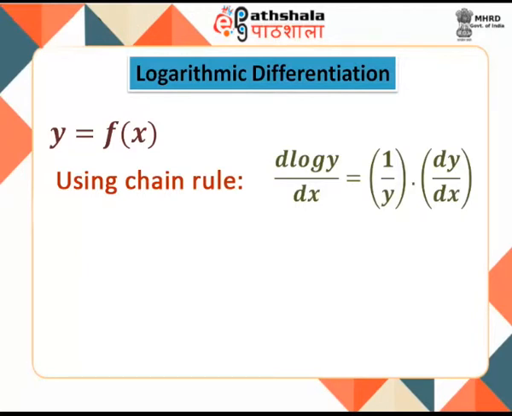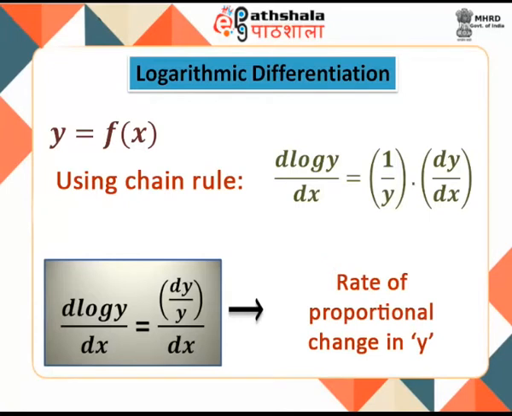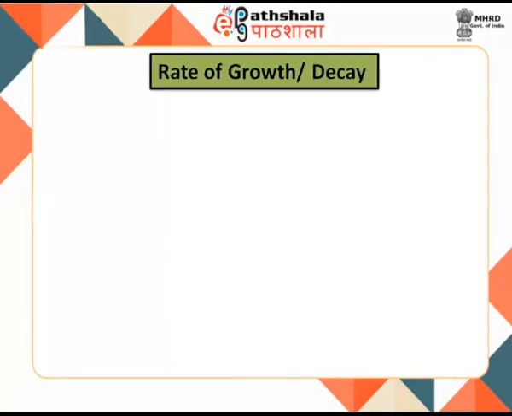This can be written as d log y by dx is equal to dy by y by dx, which denotes the rate of proportional change in y. Note that dy by dx denotes the rate of absolute change in y. Further, we learn rate of growth or decay.